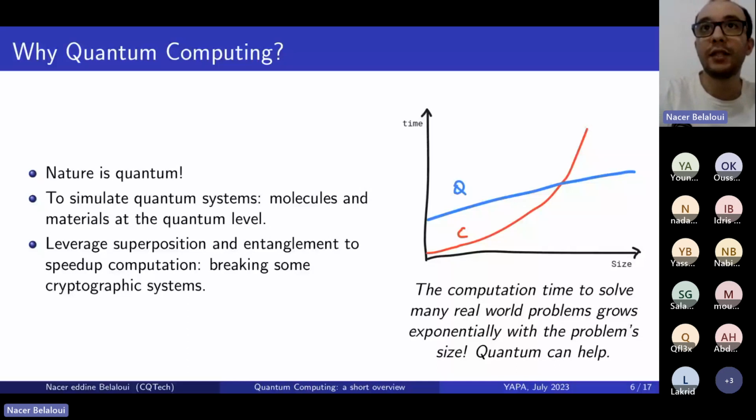You can actually see here on the right a graph that shows the difference between simulating a quantum system with a classical computer and with a quantum computer. Because of all of these interactions, because of all the entanglement, as our system grows in size, the computation time, or actually all computation resources, grow exponentially.